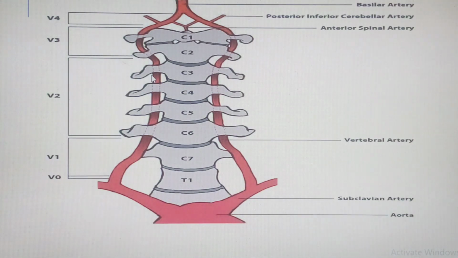the foraminal part, or the vertebral part proper. And then of course it's going to go through the C6 up to C3 transverse foramina. Now they will be anterior to what we call the associated spinal nerves.